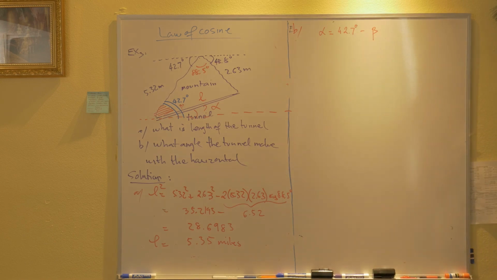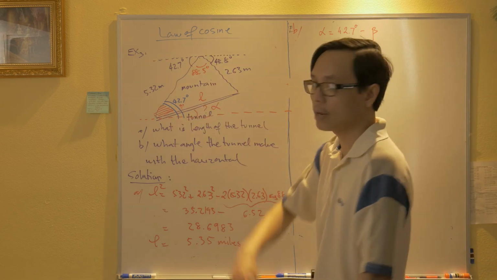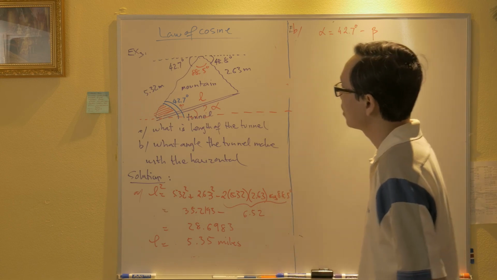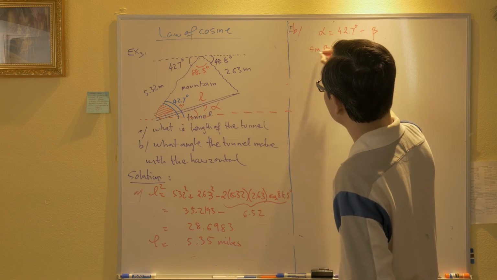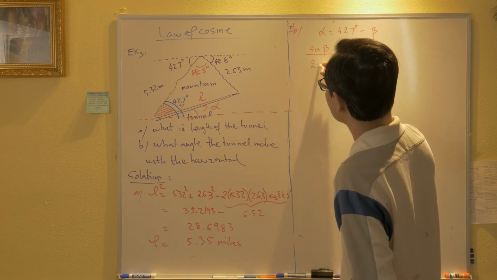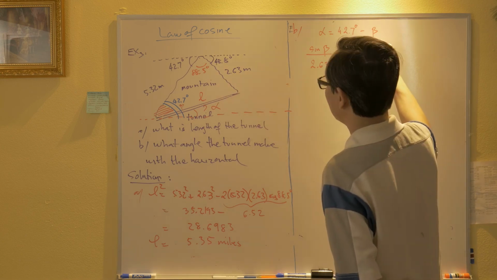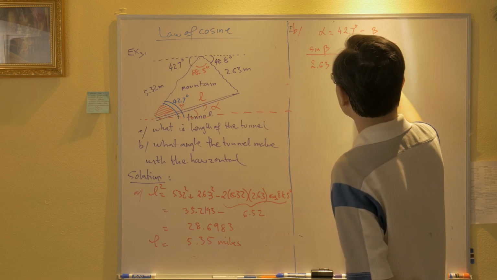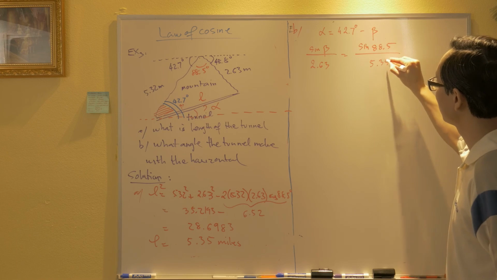But I need to find beta. How should I find beta? That's pretty easy, because now you know this is a triangle and you can apply the law of sine. You can write sine beta over 2.63 equals sine of 88.5 over L, which is 5.35.